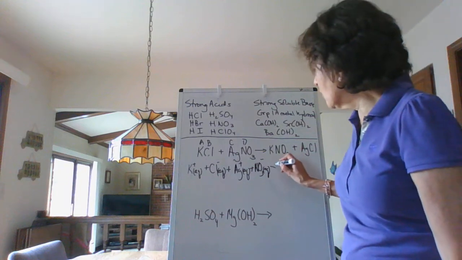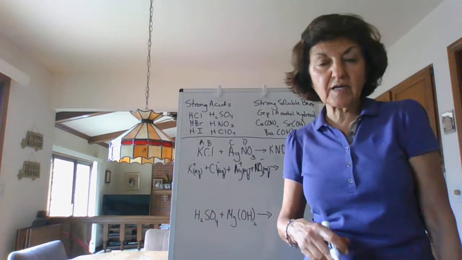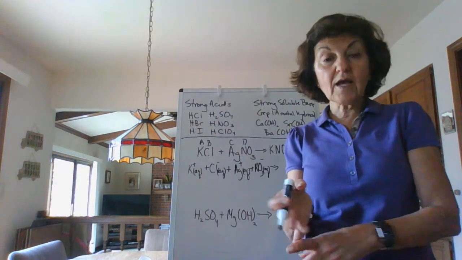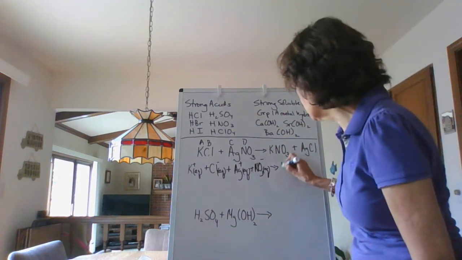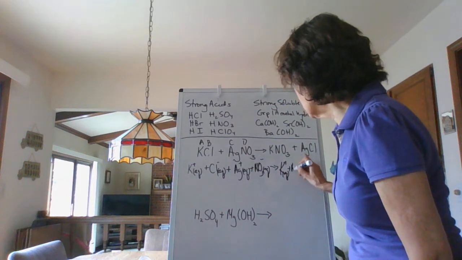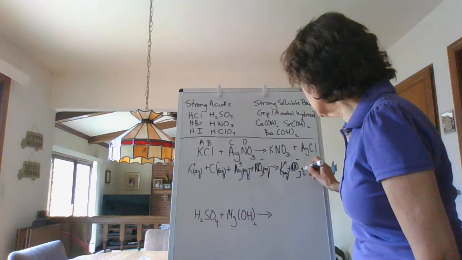Okay, now we go over to the other side. Potassium nitrate. Is potassium nitrate a strong electrolyte? Yes, because it's got a group 1A in it and it's got a nitrate, super soluble, so we break that apart. K plus aqueous plus NO3 minus aqueous.